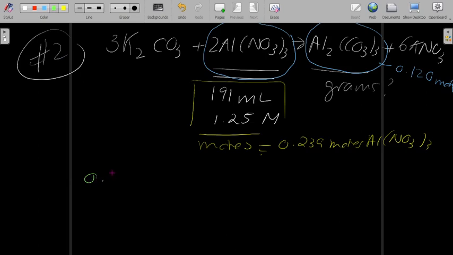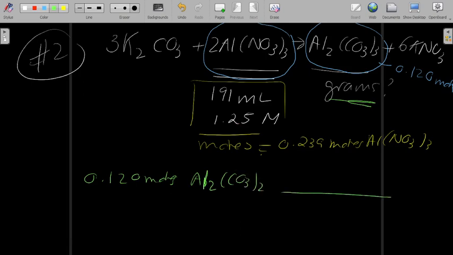So we want grams. 0.120 moles of that aluminum carbonate. I don't want moles of that aluminum carbonate. I want grams of aluminum carbonate, because that's what they were asking for.